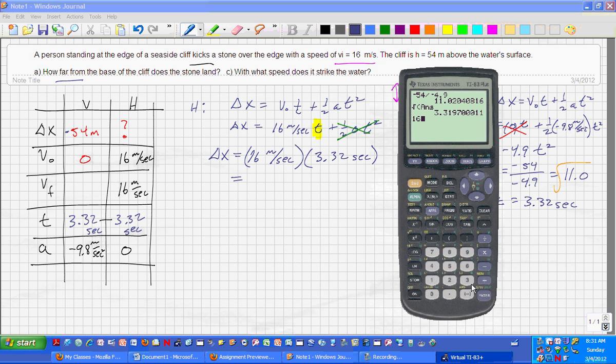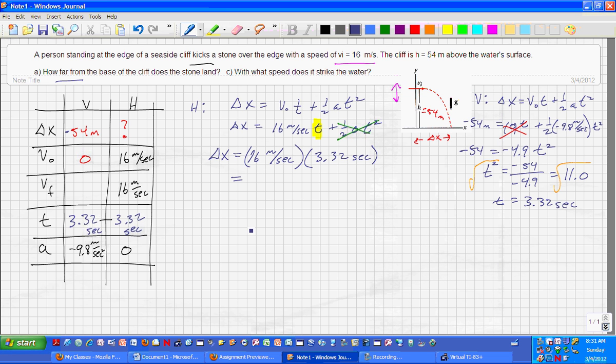16 times 3.32, 53.1 meters. So that's the answer to my first question.